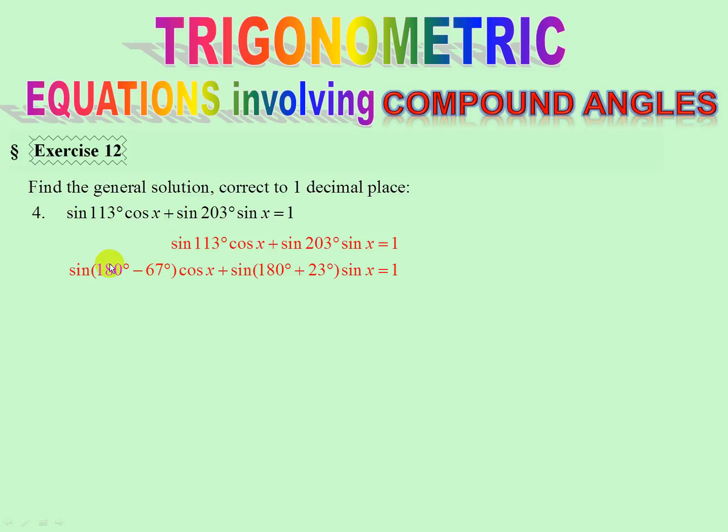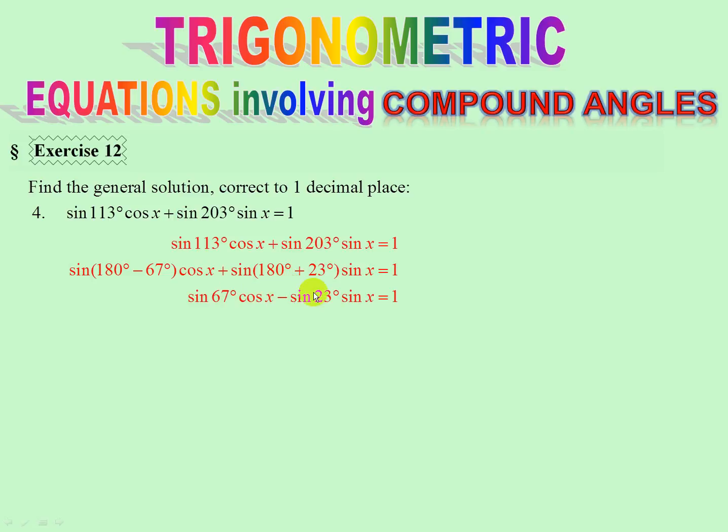I'm going to say 203 is 180 plus 23. Now sine of 180 minus 67 is second quadrant, sine positive, therefore sine 67 cos x. Sine of 180 plus 23, third quadrant, where sine is negative, so we have a negative here, sine of 23.